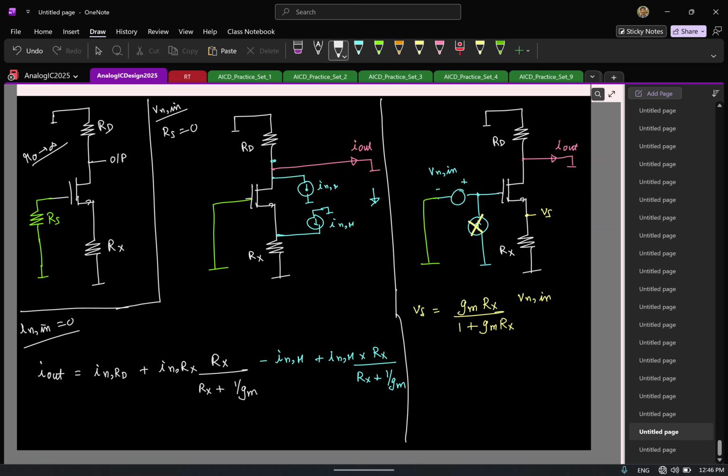So which means if I know Vs, what is my I out? Can you tell me? In terms of Vs, how much is I out?